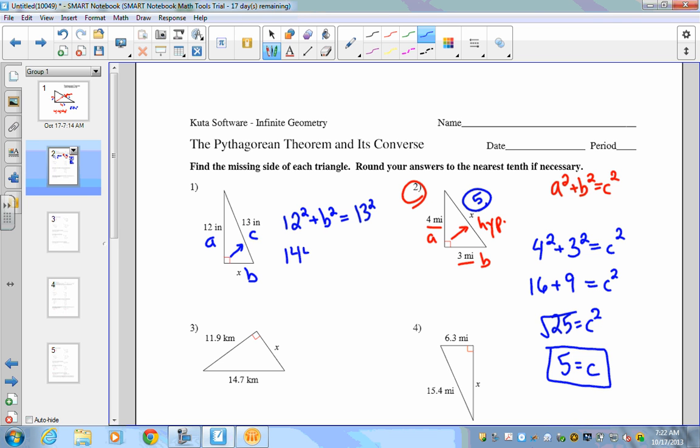So that's 144 plus b squared is equal to 169. Well, going by the rules of algebra, I'm going to subtract 144 from both sides, and I get b squared is equal to 25. Well, I'm going to square root this again, and then b is going to equal 5, which means x will be equal to 5. Okay? So those are pretty easy.